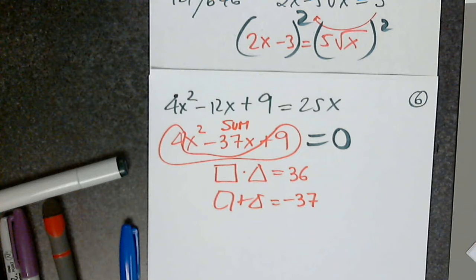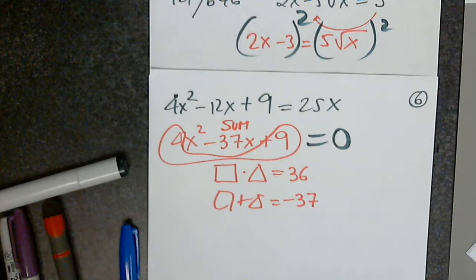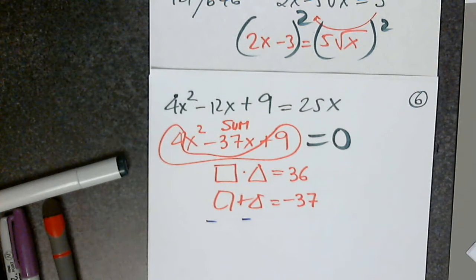Since the product is positive, signs must be the same, either both positive or both negative. But since their sum is negative, what signs do they have to have? Of course.